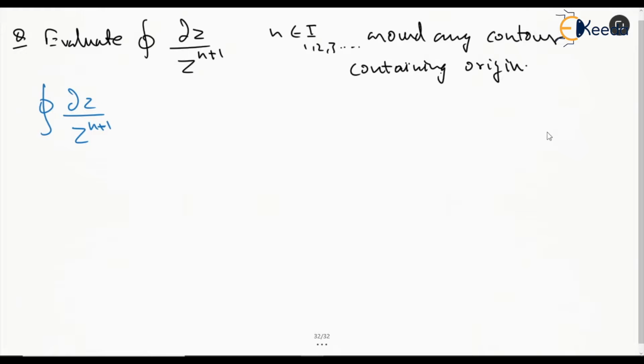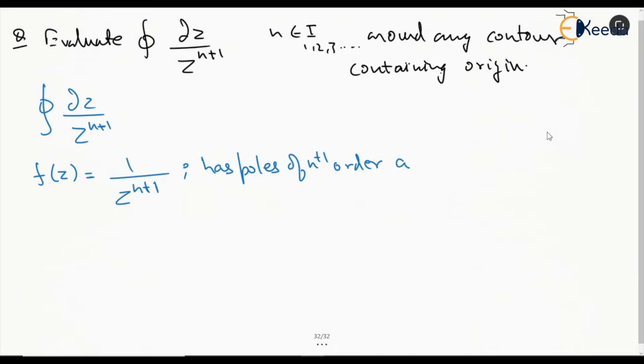So we can see that this function f of z is actually 1 by z to the power of n plus 1, and we can say it has a pole of order n plus 1 at z equal to 0.